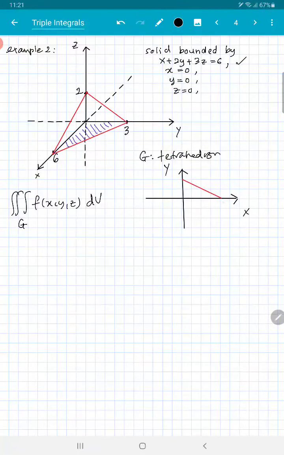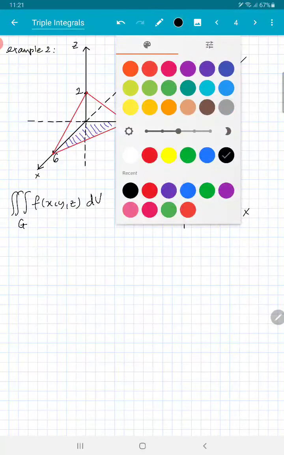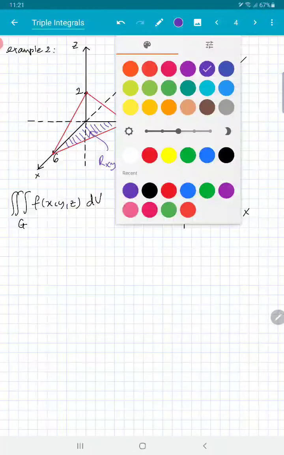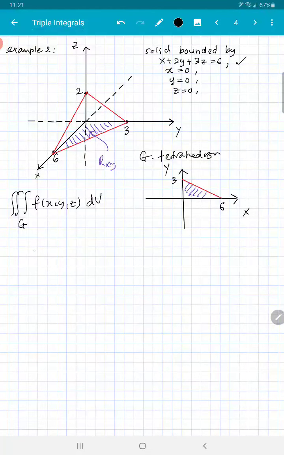Okay, so here we have our region, which is on the xy plane. So if we do that, then our order of integration would be f x y z.